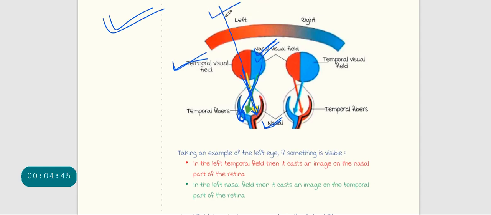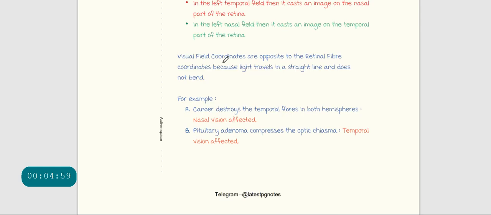The same concept applies for the nasal vision. The light comes in a straight direction, and that is why there is a crossing, because of the nature of the light. Here it is written, the nasal field coordinate is opposite to the retinal fiber. Why? Because the light travels in a straight line. It does not bend.